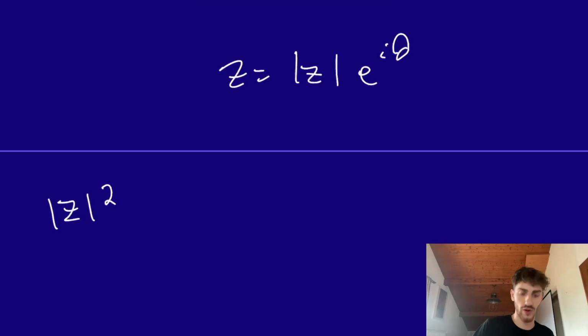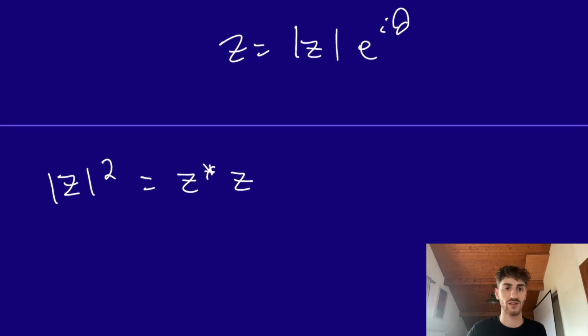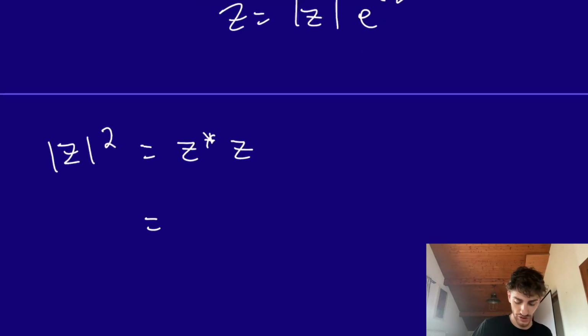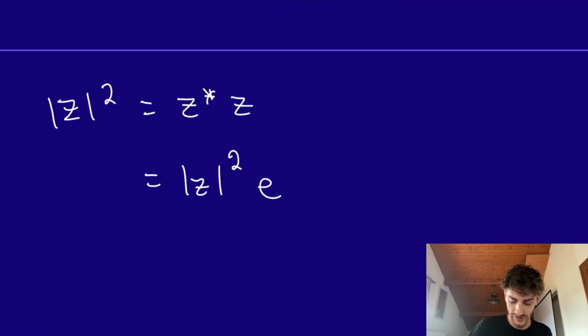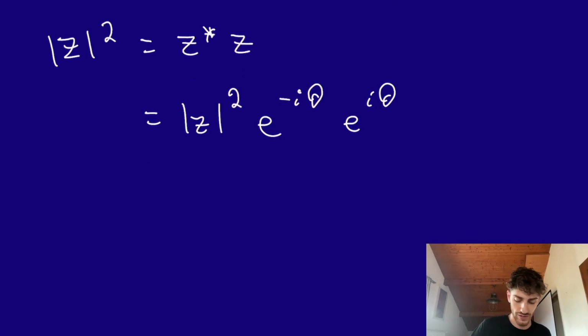And now, watch what happens when I try to do the magnitude of z. So the magnitude of z squared equals, you just multiply z by its complex conjugate, so z star z. And of course the magnitude of z becomes magnitude of z squared. And the complex conjugate, you put a negative in front of all the terms with an i in it, right? And now, this is going to be e to the i theta minus i theta, right?